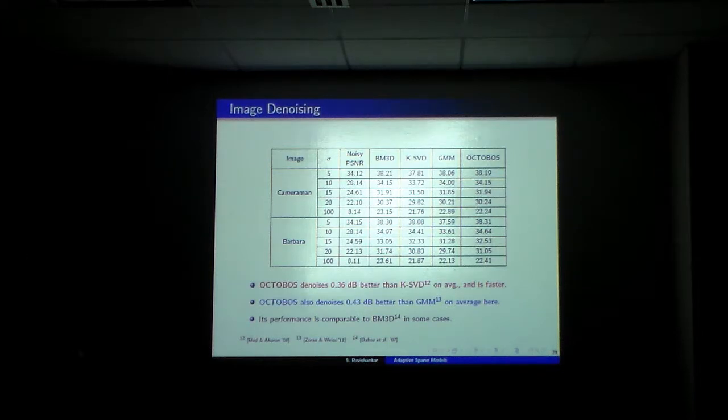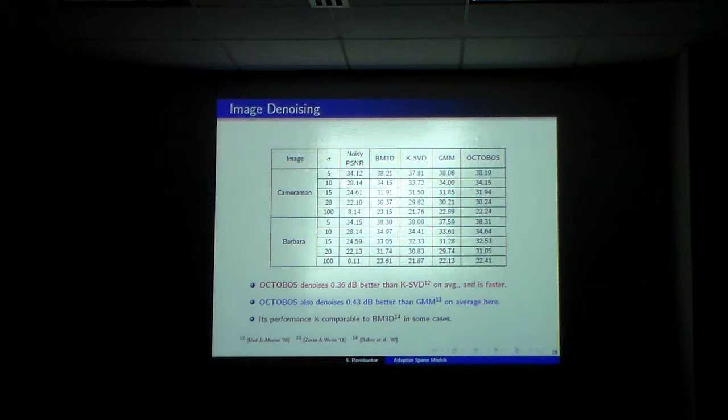Does it have any special noise criteria? BM3D, let's see. It doesn't learn anything on the noisy data, so it uses a bunch of fixed operations. It uses the non-local means kind of property. I don't know. But I can tell you this though, that the GMM method here also involves learning these Gaussian mixture models, the covariance matrices and so on.